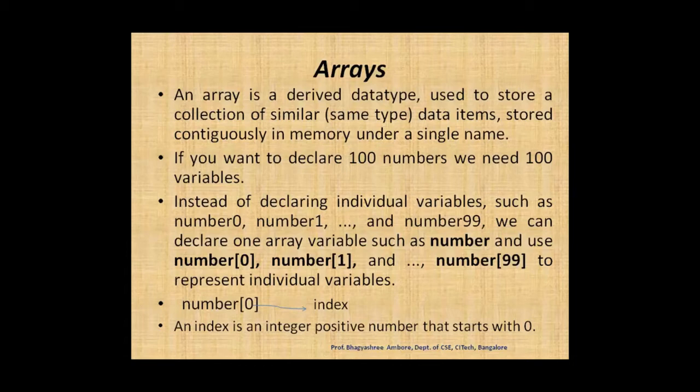And I can use it as number of 0, number of 1, number of 2, and up to number of 99. Number of 0 will represent the first element, number of 1 will represent the second element, and so on. What is this 0? This 0 indicates it is an index. This index is a positive integer that always starts with 0.